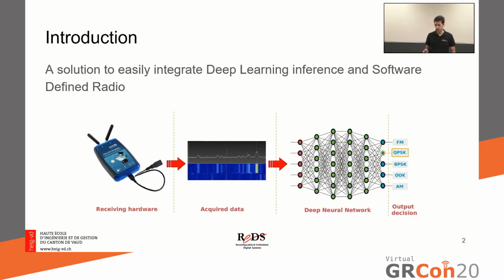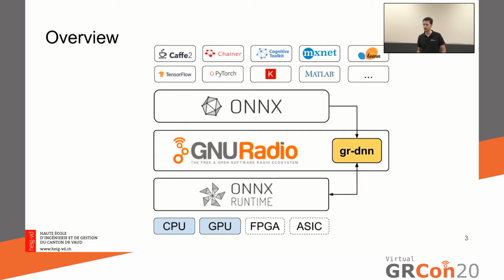We are also looking for an open source solution and to be as flexible as possible, and that's why we have developed a GNU Radio out-of-tree module that uses a standard format for deep learning model representation, and it integrates a deep learning inference engine.